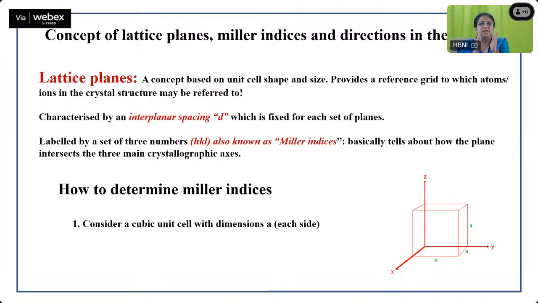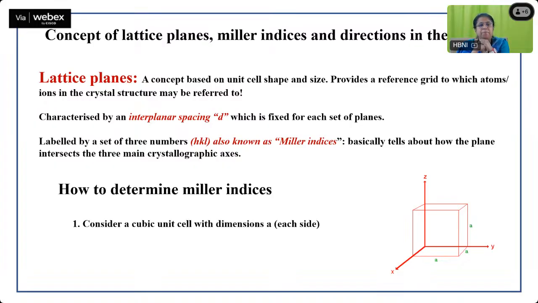Every lattice plane has a set associated with it, and the lattice planes are characterized by the interplanar spacing d. A set of lattice planes will have a fixed interplanar spacing d, which is fixed for each set of lattice planes.